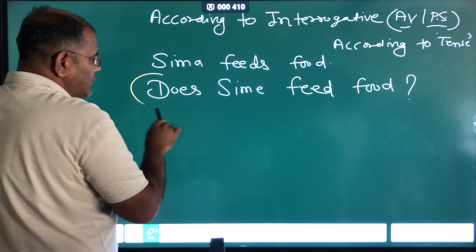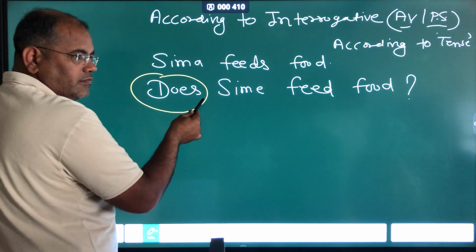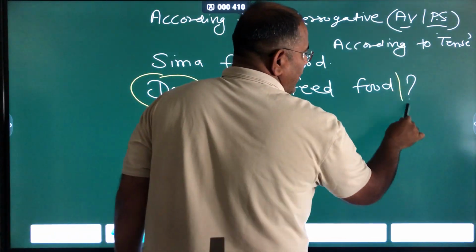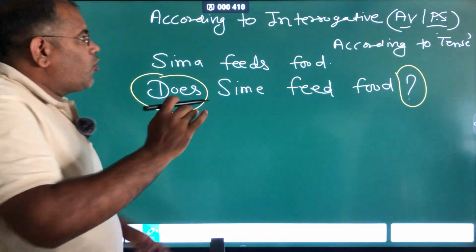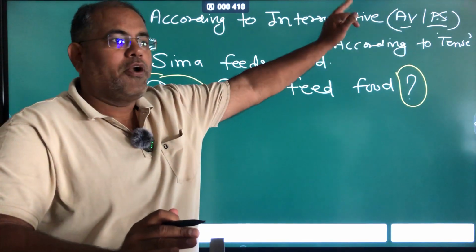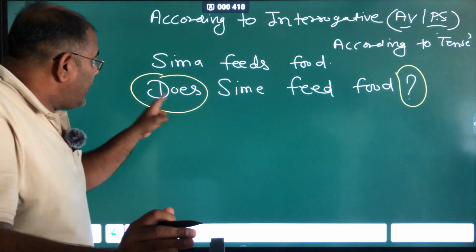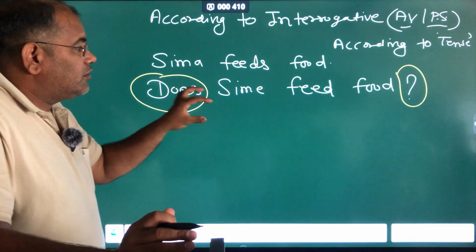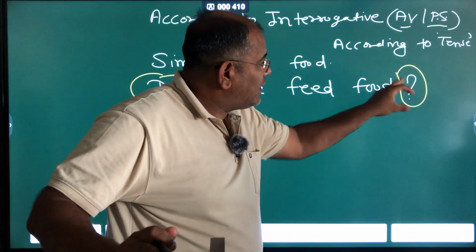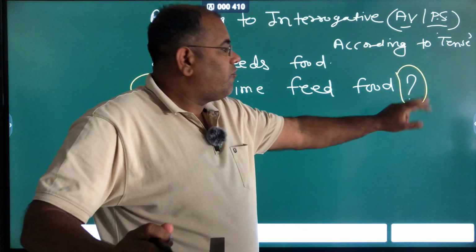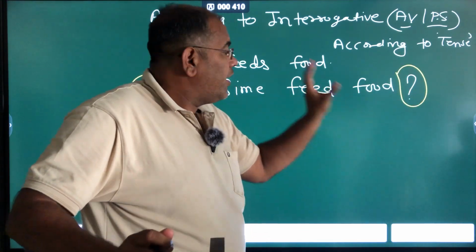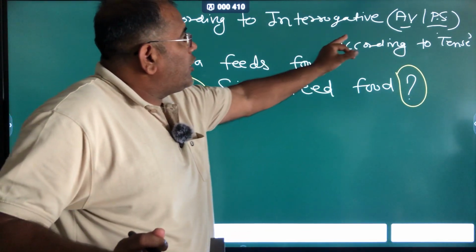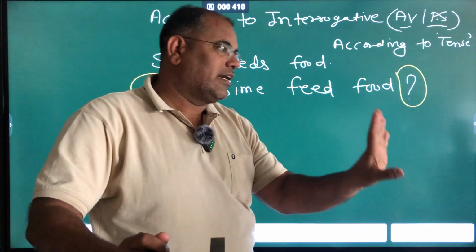Guys, this is the helping verb according to tense and this is the symbol of interrogation. So according to the format and pattern, if any helping verb is given at the first place and the symbol of interrogation is given at the last place of any English sentence, then it will be called an interrogative active voice and passive voice sentence.